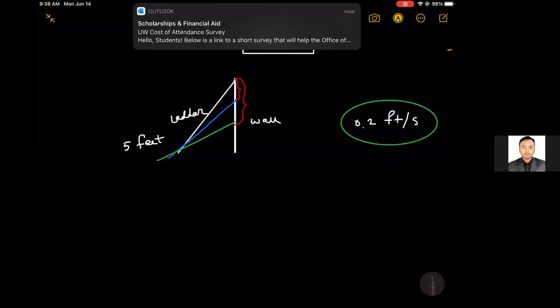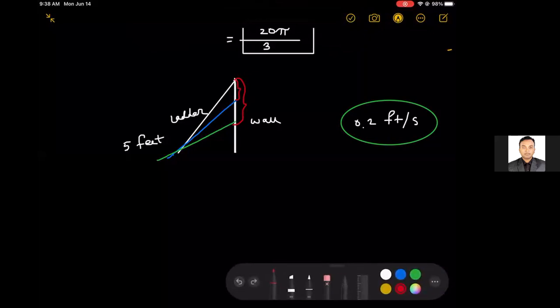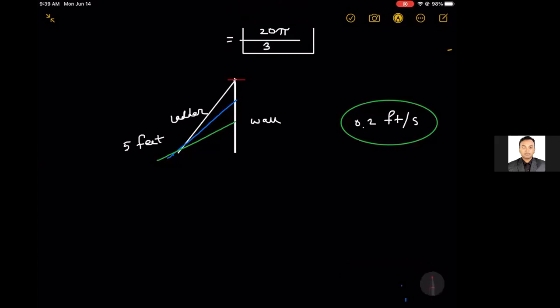That means this direction. Because initially, if you remember, the ladder was here. Then it came here, then it came here. So it's sliding down, right? The question asks you to find the rate of change of that sliding down.